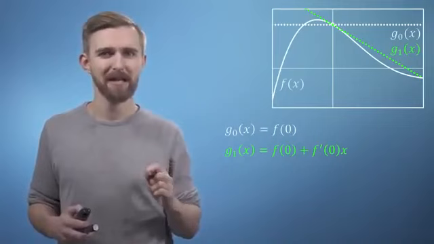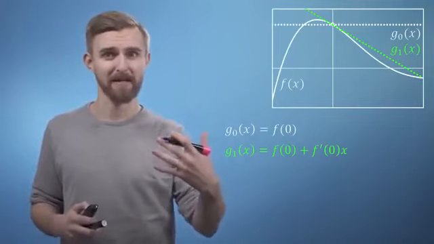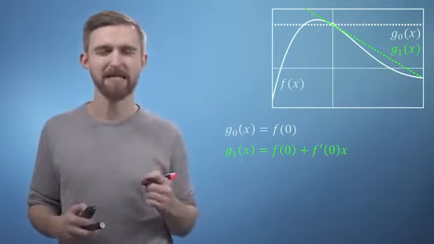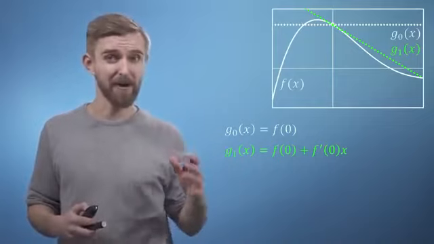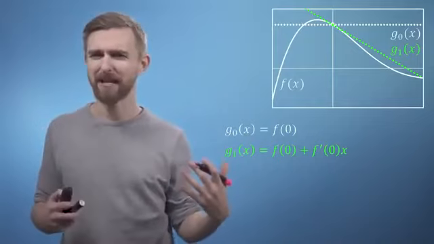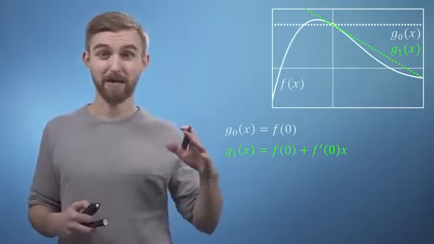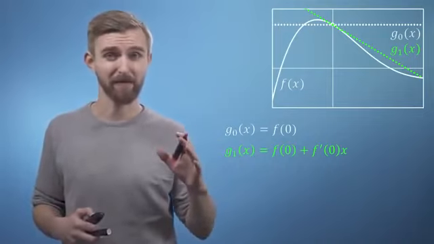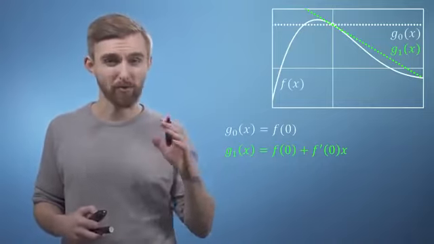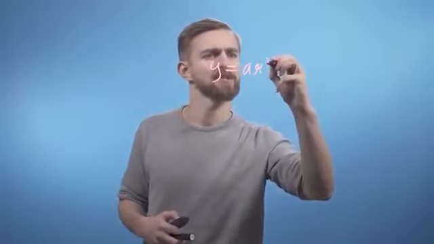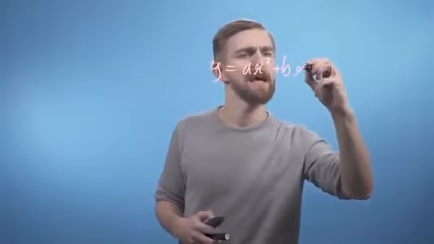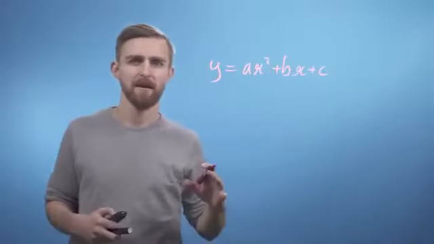Moving quickly on to our second order approximation, g2 of x, we're going to use three pieces of information: f of 0, f dash of 0, and the second derivative f double dash of 0. Now, to have a function that can make use of these three pieces of information, we're going to need a quadratic equation. So we can write y equals ax squared plus bx plus c.